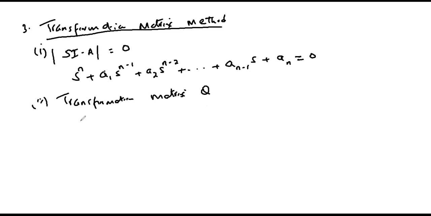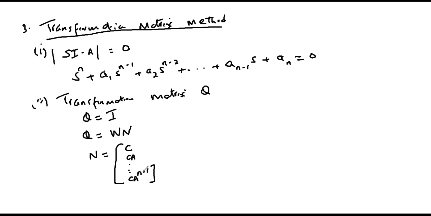If the system is already in observable canonical form, then our Q will be equal to I, an identity matrix of the same order as the order of the system. Otherwise, if the system is not in observable canonical form, then Q will be equal to W multiplied by N, where N is the observability matrix. So N is the observability matrix we've been using as C, CA, all the way to CA to the power n minus 1.